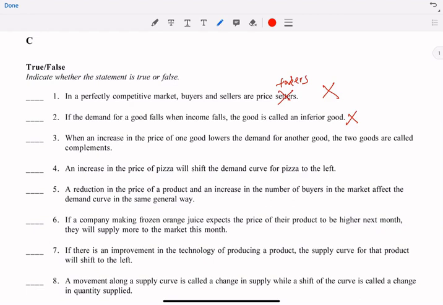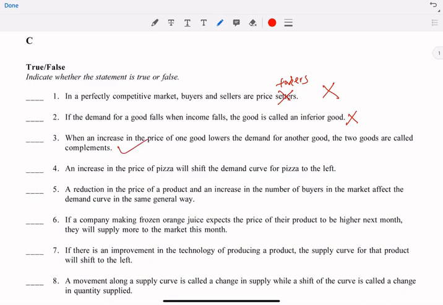So essentially, if the demand for a good falls when income falls, this good is a normal good. The third one, when an increase in the price of one good lowers the demand for another good, the two goods are called complements. Now, if you examine the definition from the lecture notes, you can see that this one is actually correct. This is the definition for complements.